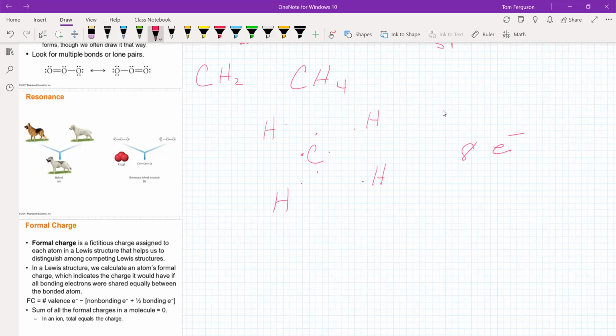Okay, the next step is to take the most complex of the atoms, not counting terminal ones. And since we only have terminal atoms, except for the carbon, then carbon's got to be in the middle. Okay, and then you surround it with terminal atoms. And then you start with making a bond between all of them.